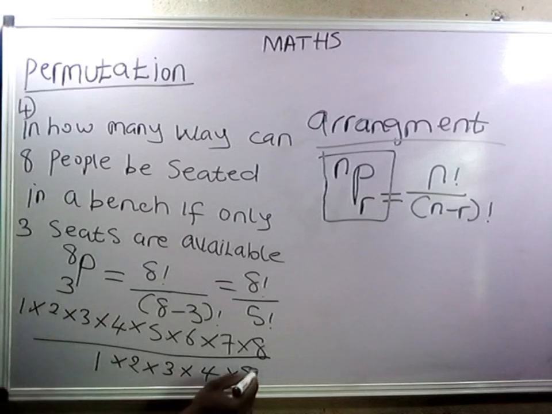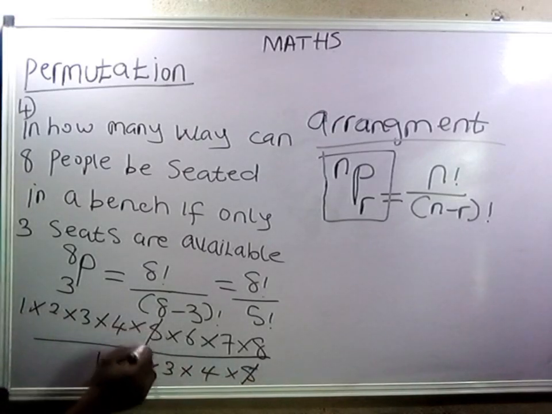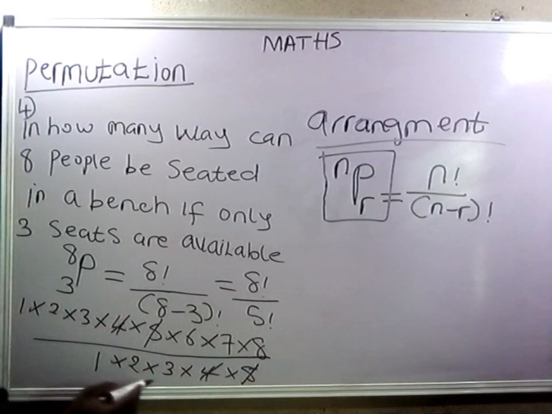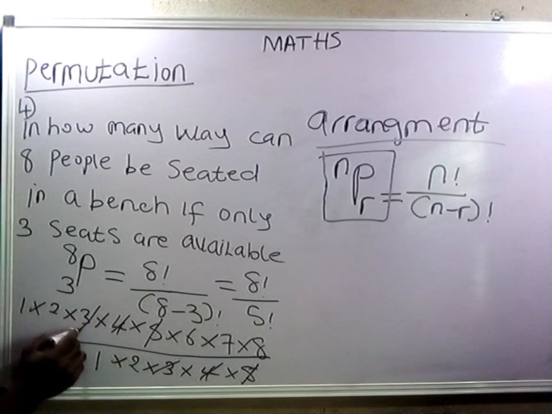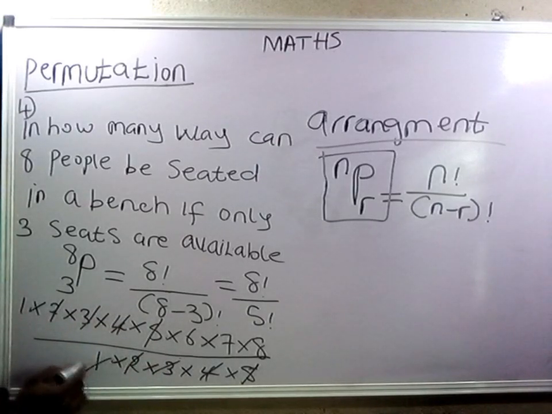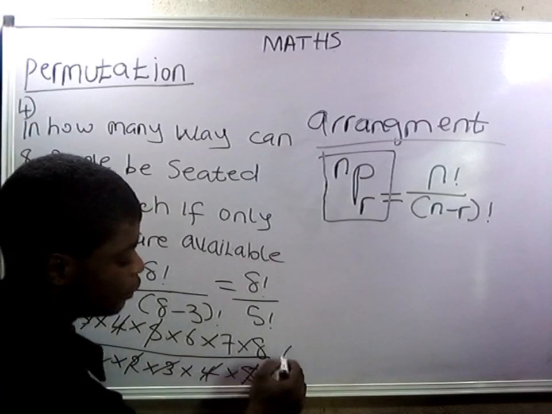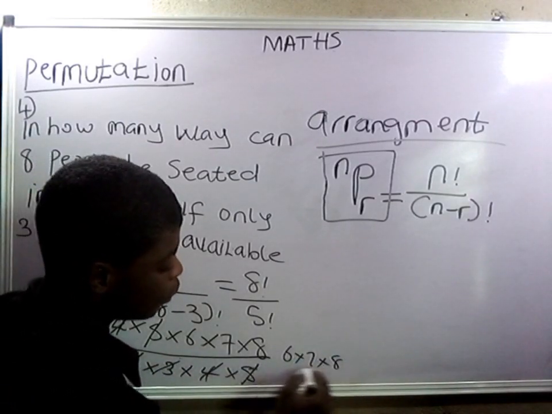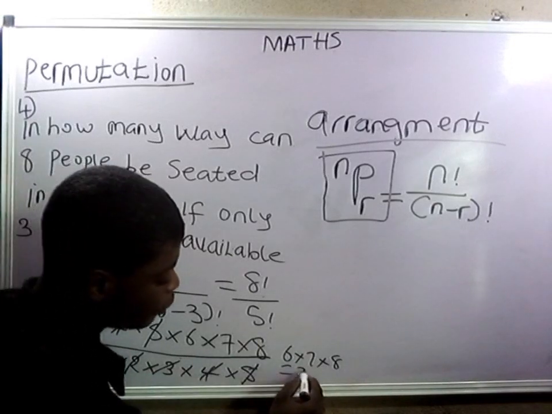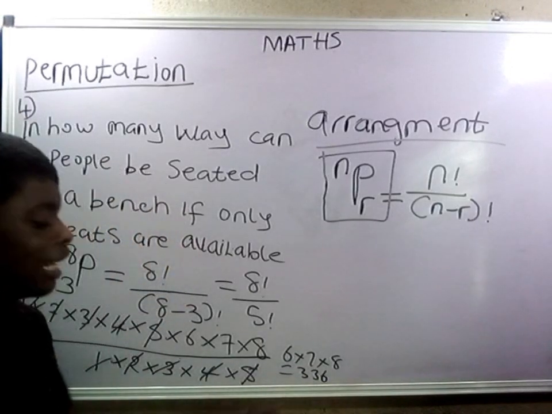Cancel it out to make it easier to solve. 5 cancels 5, 4 cancels 4, 3 cancels 3, 2 cancels 2, 1 cancels 1. We are left with 6, 7, 8. Therefore 6 times 7 times 8 will give us 336. So this is the answer to this question.